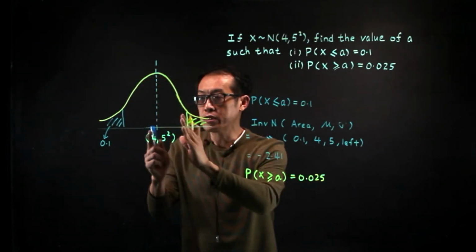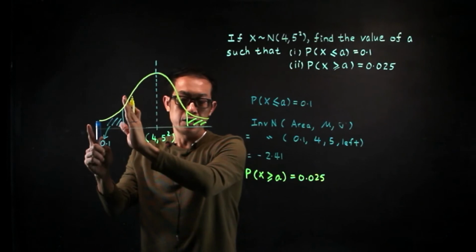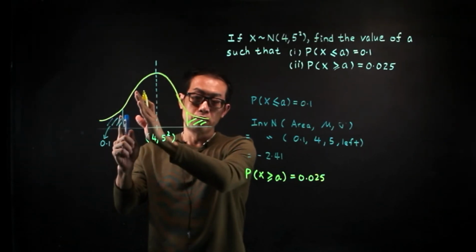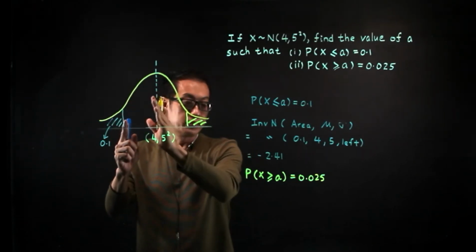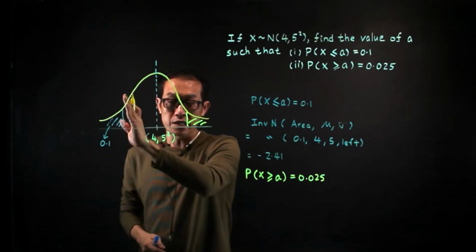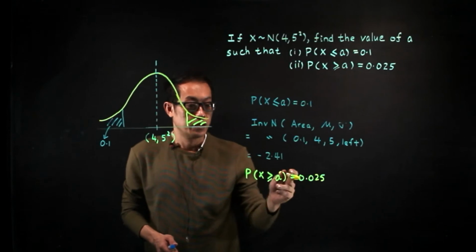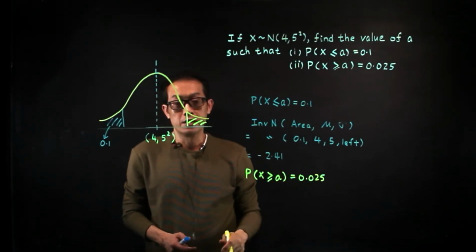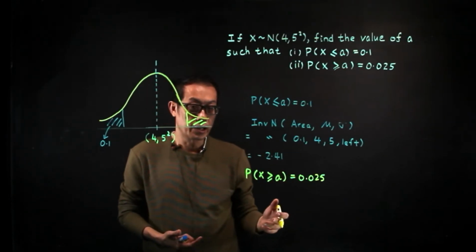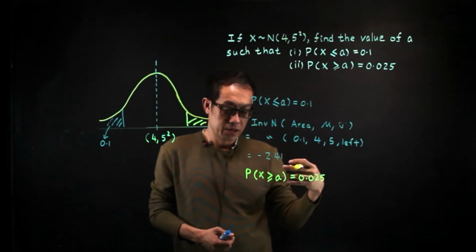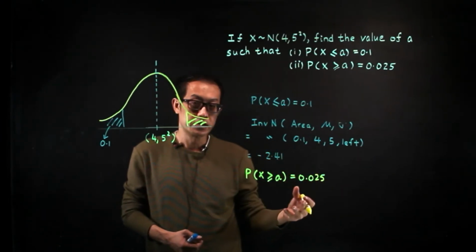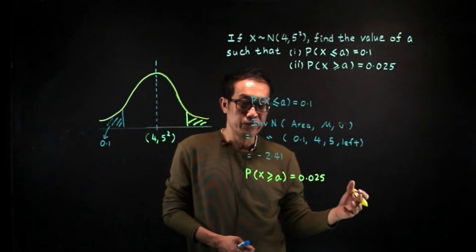Now, if a were on this side of the graph, then greater than a means to the right of a, and it will be more than 0.5. So same thing. Now you just use your graphical calculator. You go to the stat option and distribution, and then you look for inverse normal.